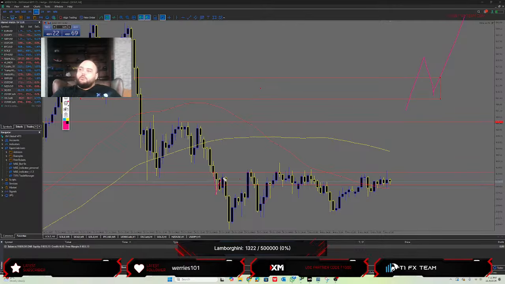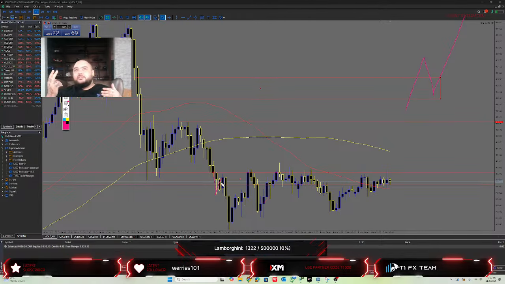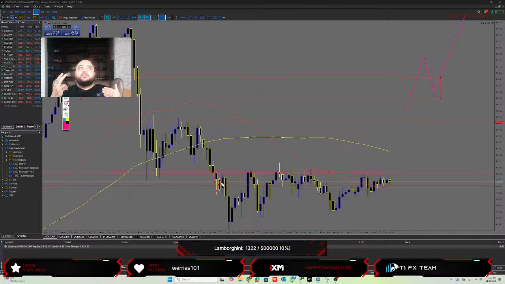Break it, pull back, because once it breaks a support level, it now becomes the new resistance automatically. Once it breaks it, it's the new resistance, right? Now step 2: is it a verified resistance? And what verifies it as a resistance, and for you to know with confidence that the market will move down from here, is the pullback.